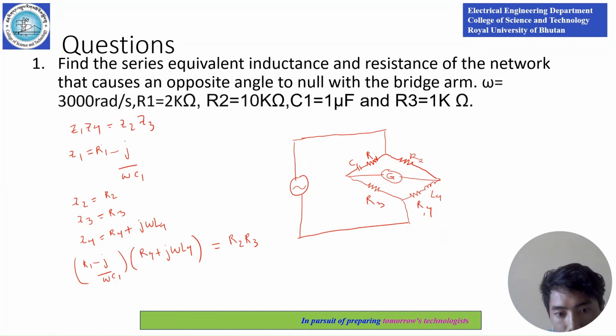Z1 equals R1 plus the impedance of the capacitance, Z2 equals R2, Z3 equals R3, and Z4 equals R4 plus the inductive reactance of the inductor. Upon substituting these values in the balance equation, we obtain (R1 minus j over omega C1) times (R4 plus j omega L4) equals R2 R3.